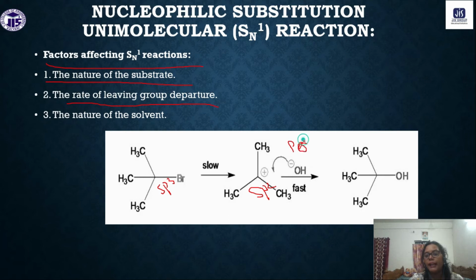As we have the carbocation, if we use a polar solvent, that carbocation will be much more stabilized by the polar solvent. That is why a polar solvent will prefer nucleophilic substitution unimolecular, the SN1 reaction. So this is all about the SN1 reaction.